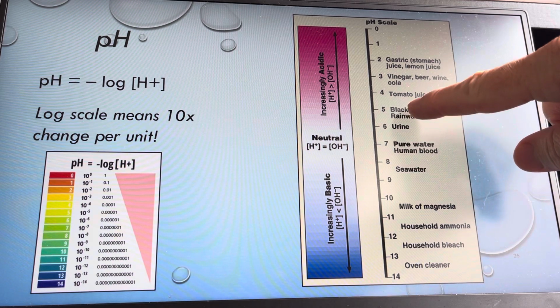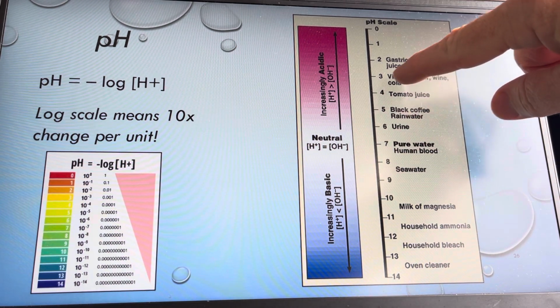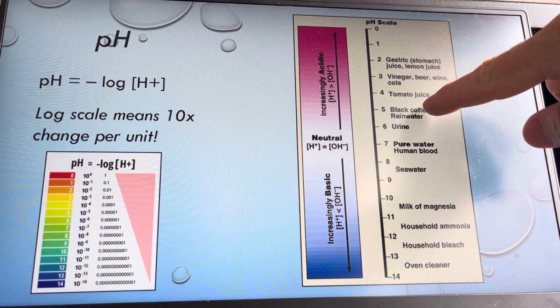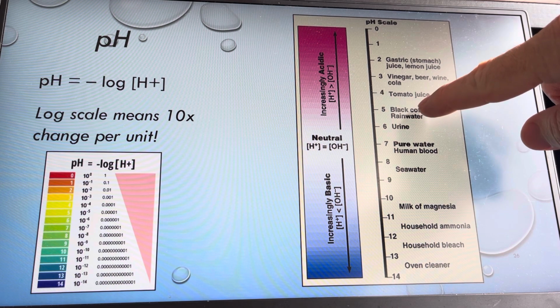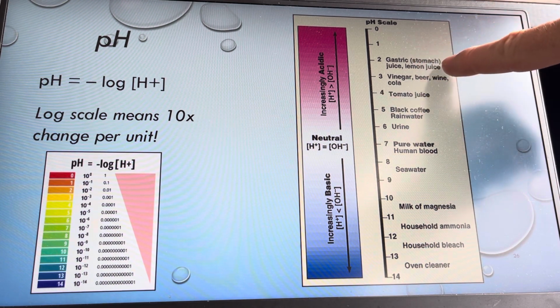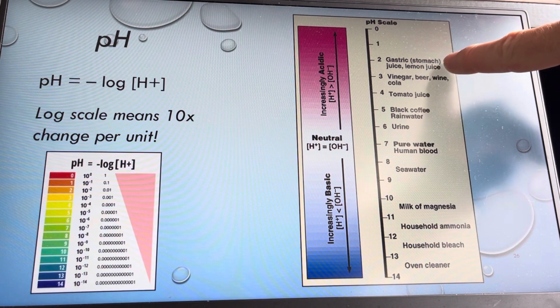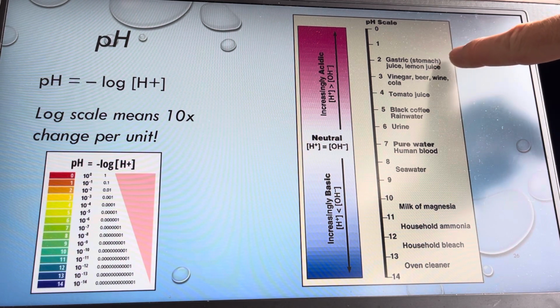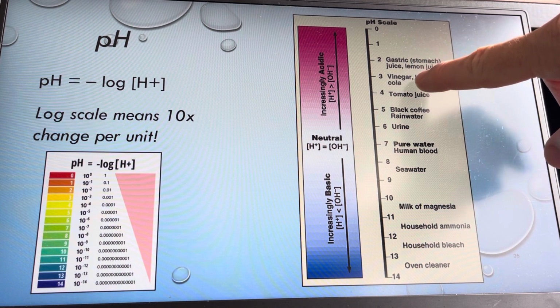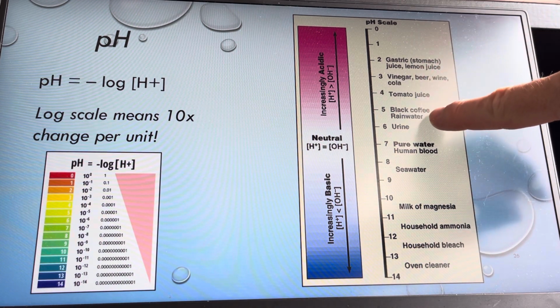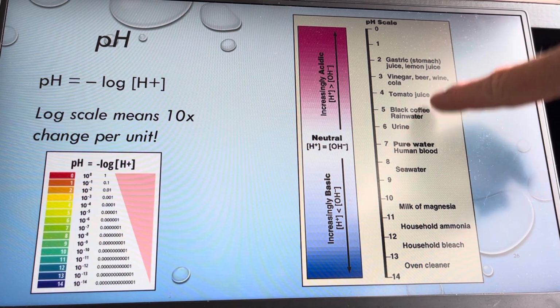And therefore, vinegar would be 100 times more acidic than black coffee. And your stomach acid and lemon juice, which is why it's not good to suck on lemons, because lemon juice is eating away your enamel on your teeth, is 10, 100, 1,000 times stronger than black coffee.